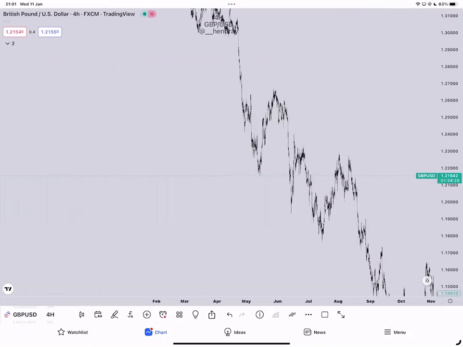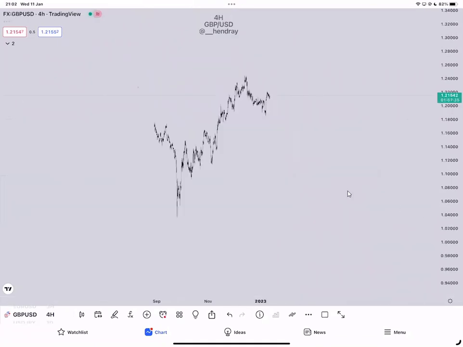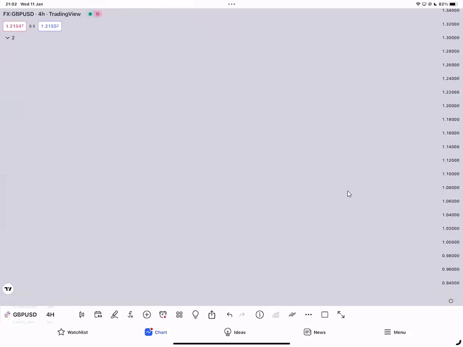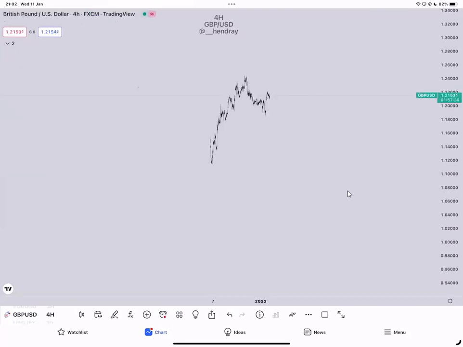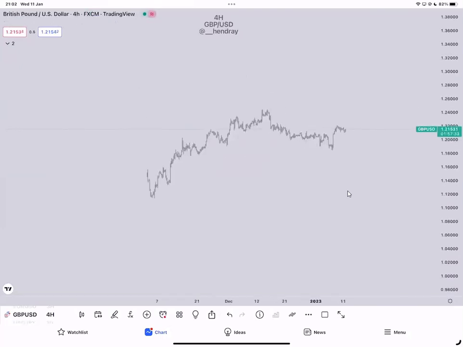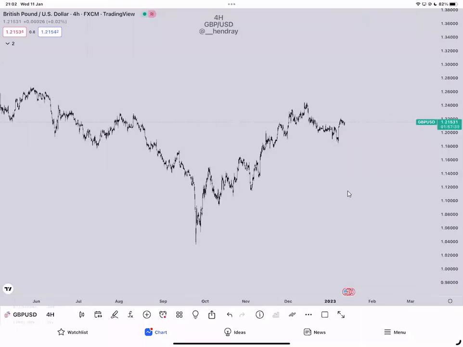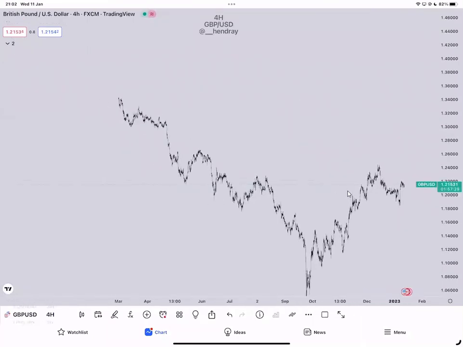I don't know why. What's happening? This thing is not even following through. I don't know why that is slow.